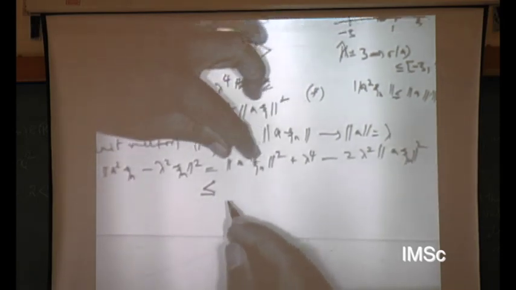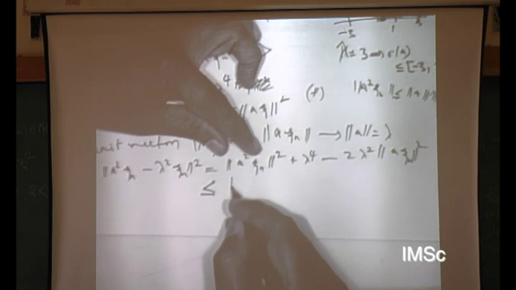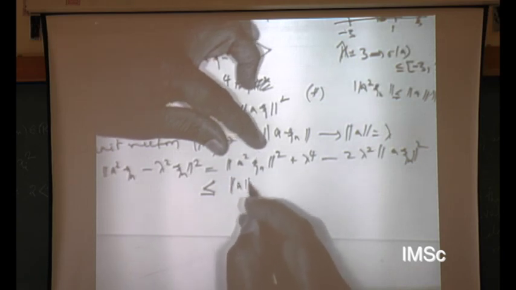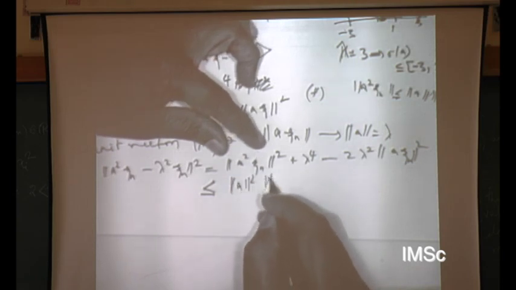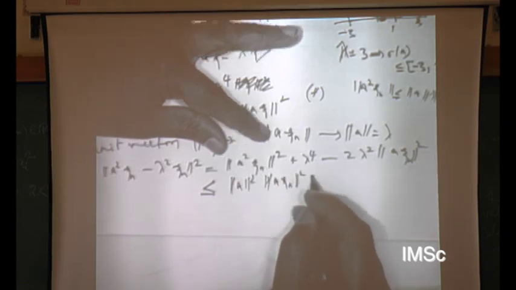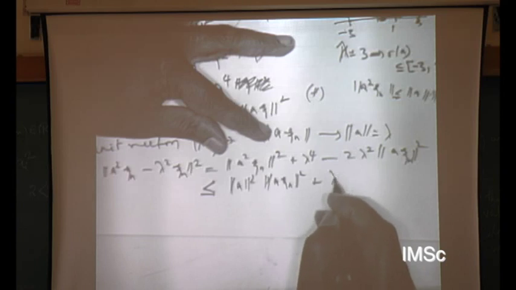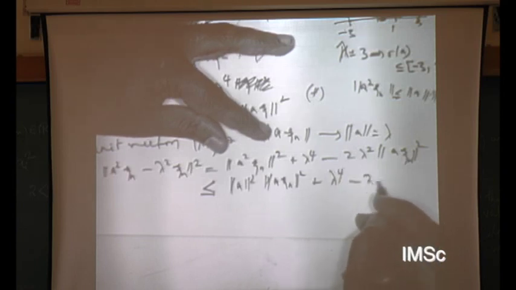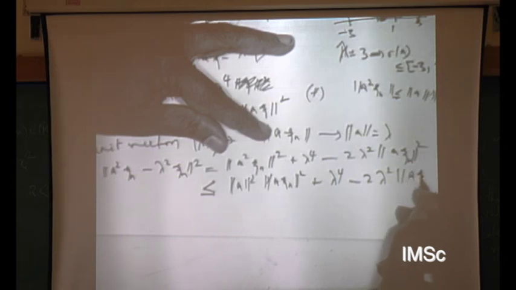So that's an equal to, and there is square of the whole thing. So norm A squared and norm A psi n squared. So lambda to the 4 minus twice lambda squared norm A psi n squared.